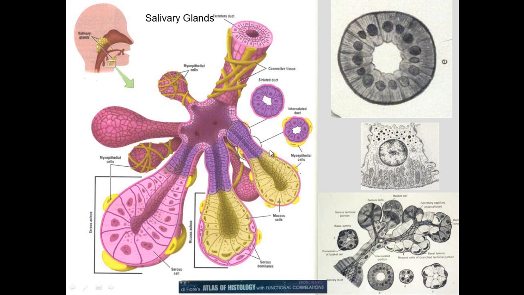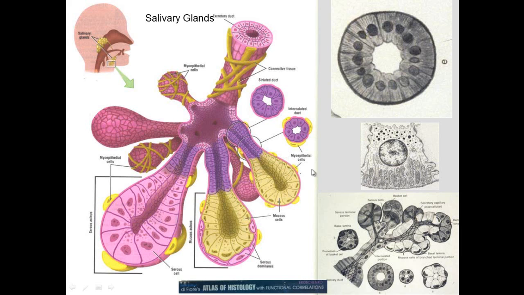And if you go from there, you go to the intercalated duct, which is simple columnar epithelial cells. You may still have myoepithelial cells around it. And then you come to a striated duct. A unique duct is striated. You can see the lines in through there. And it's striated because you have infolding of the plasma membrane, and that lines up mitochondria.